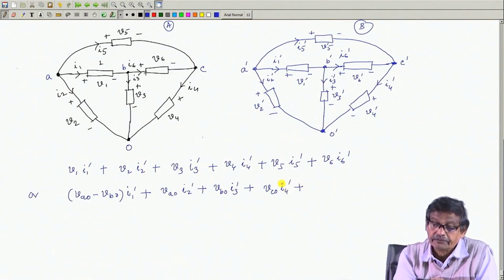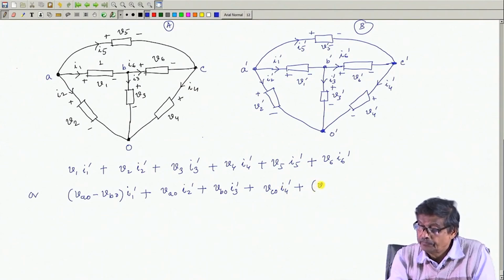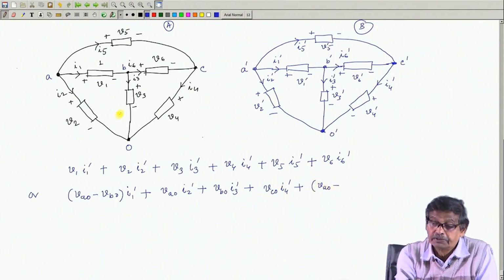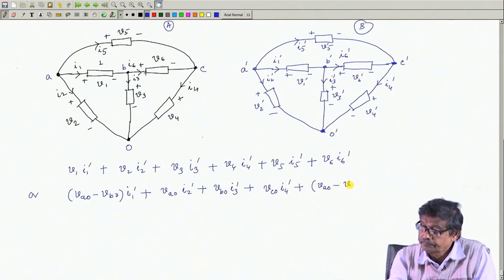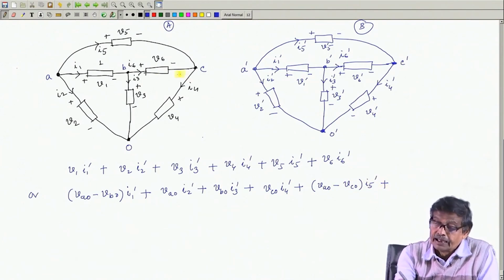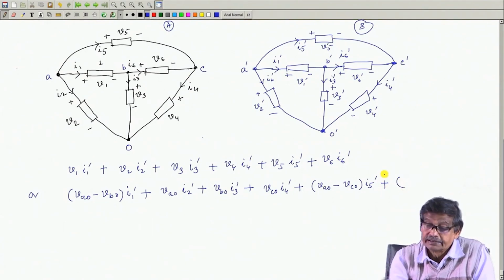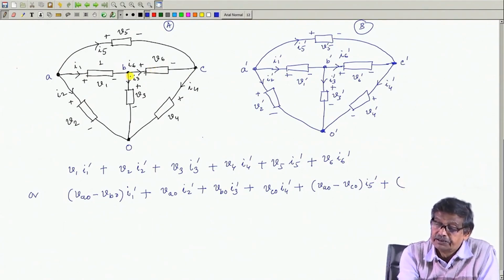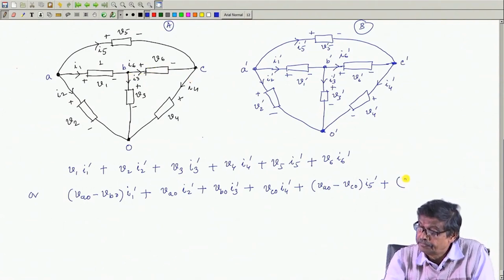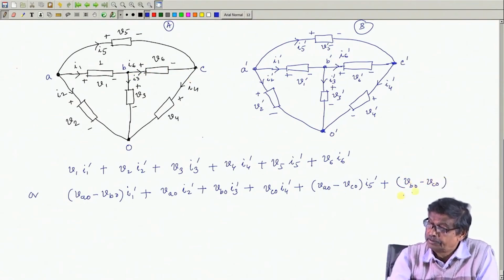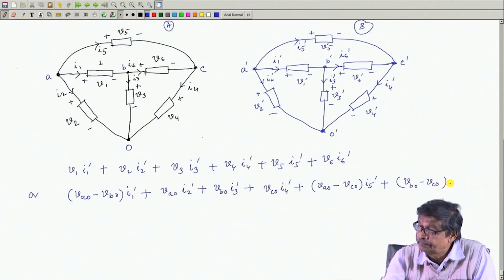What is V5? V_A0 minus V_C0 into I5 dashed, and finally across this element 6, V6 is V_B0 minus V_C0, this will be the thing into I6 dashed.